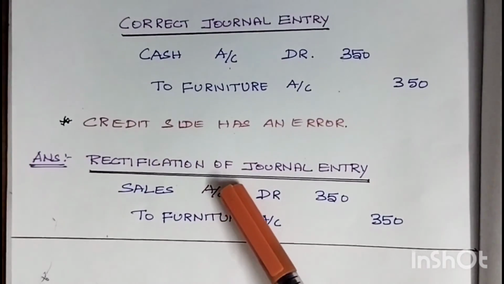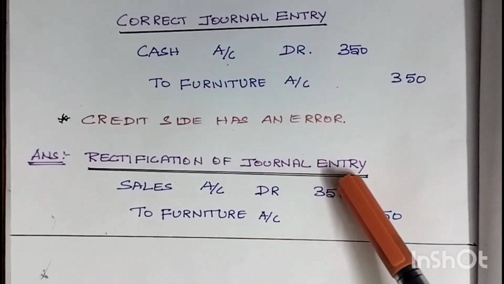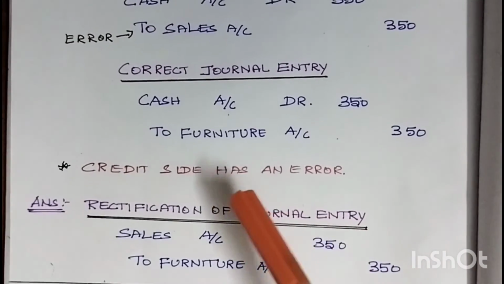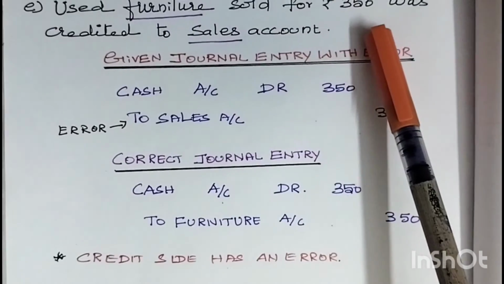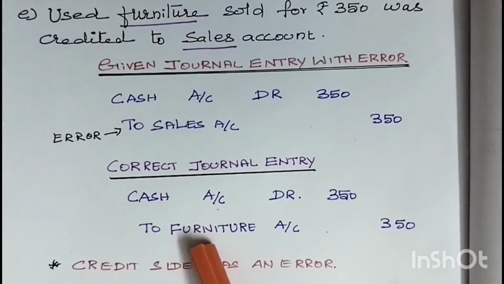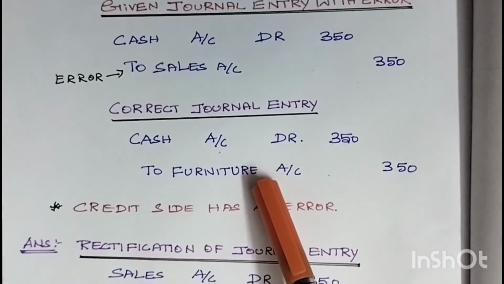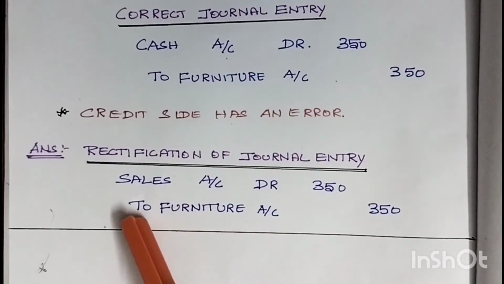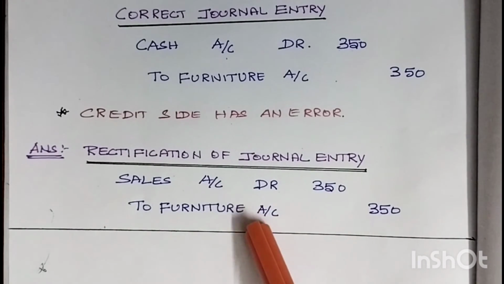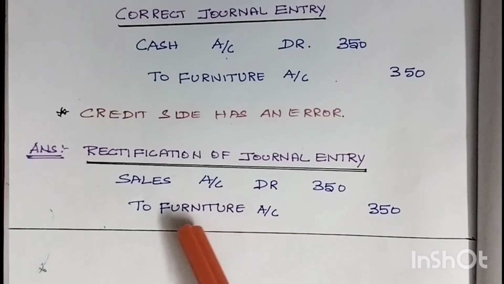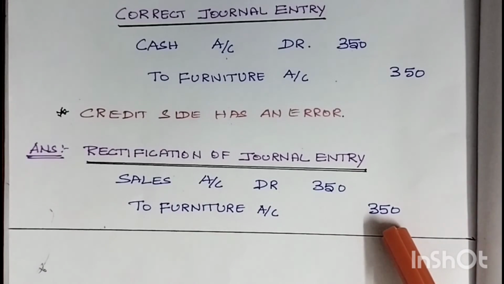How do we rectify it? This is the answer. The rectification of the journal entry is: used furniture sold for cash means cash account debit to furniture account. So furniture account is the correct entry. First you record the furniture account on the credit side, the correct account on the correct side. So on the credit side you enter furniture account 350 rupees.